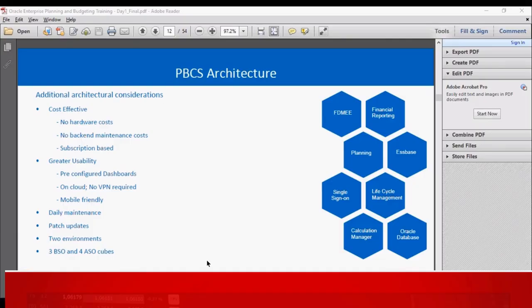It's not only ASO, in BSO also. No need to create a database for each ledger. Maybe we can create a new version or a new scenario and we can load it there. There is a concept called dimensionality. I'll explain in the coming slides what a dimension is. And in different combinations, you can load all the 10 ledgers' data.